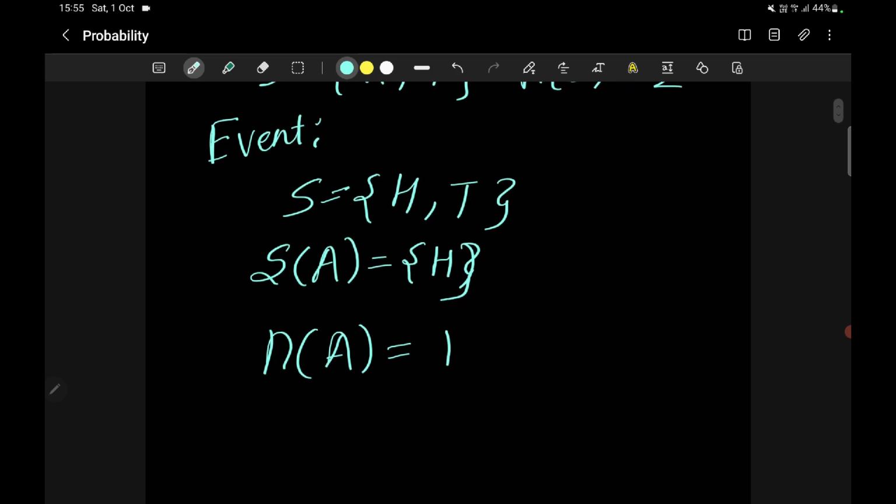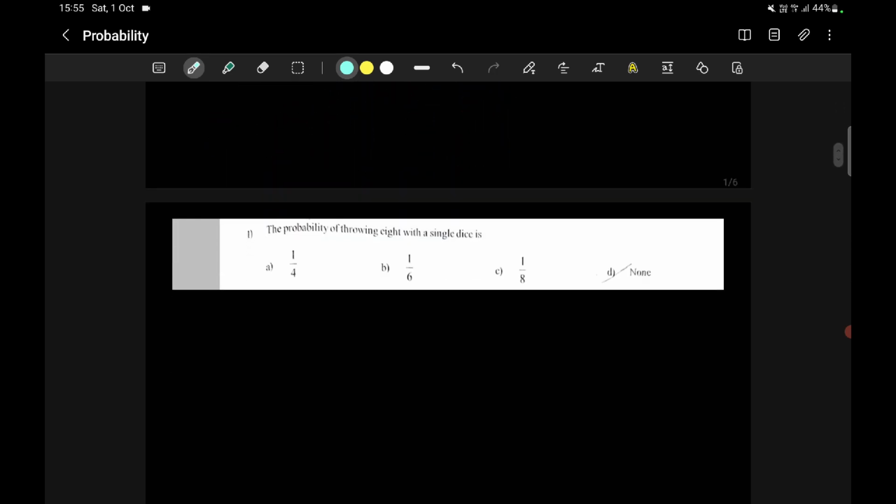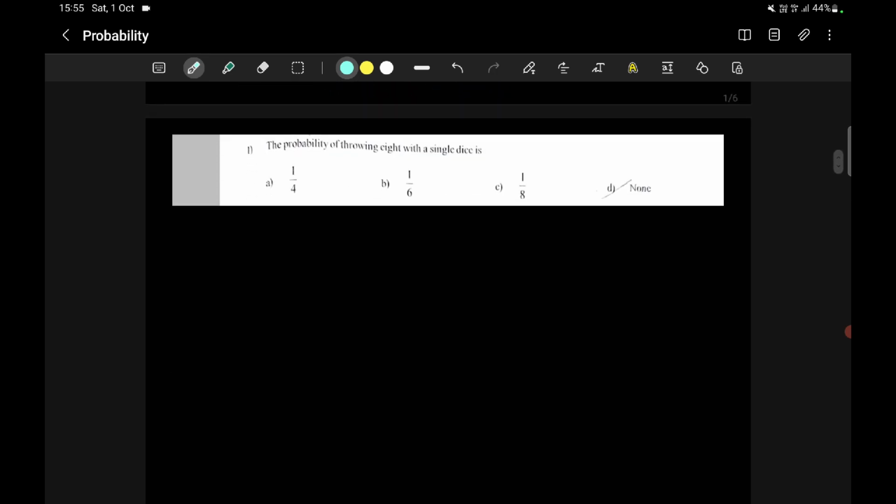Now let's solve some examples based on probability. The first example is the probability of throwing 8 with a single dice. If you throw a dice, you will get either 1, 2, 3, 4, 5 or 6.